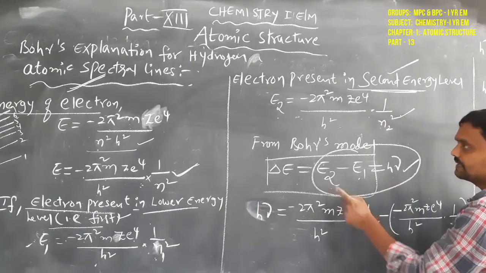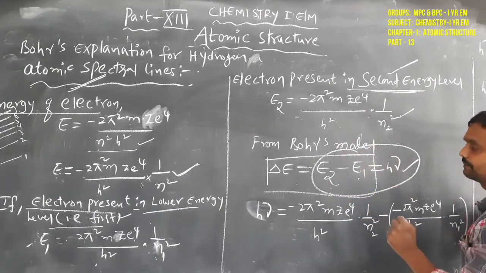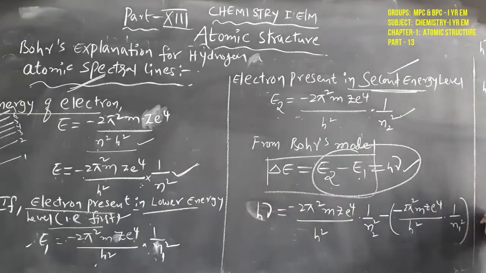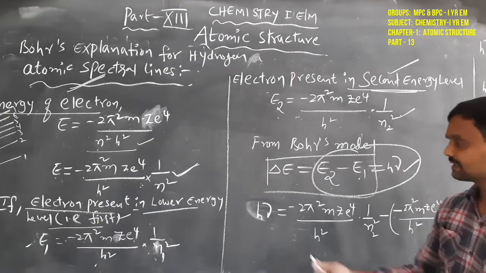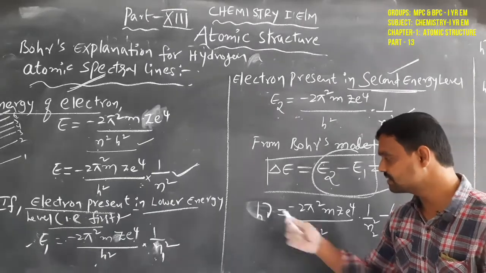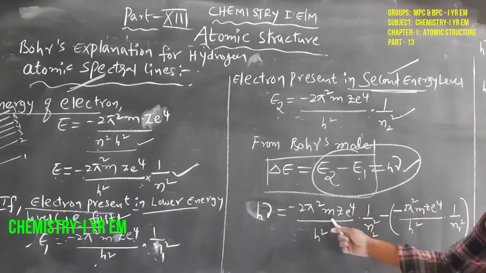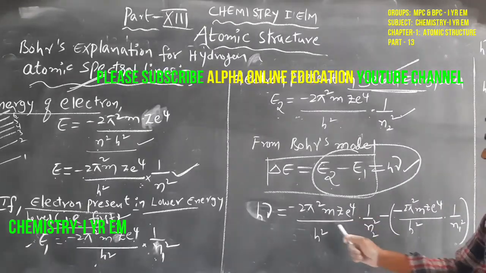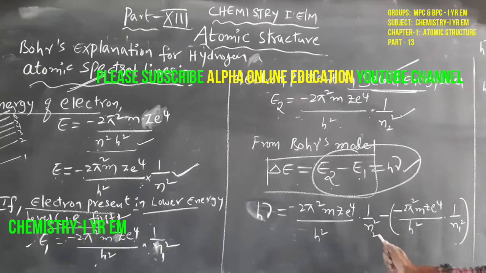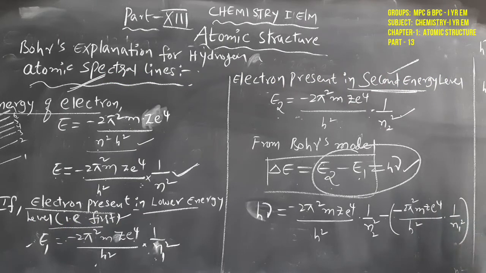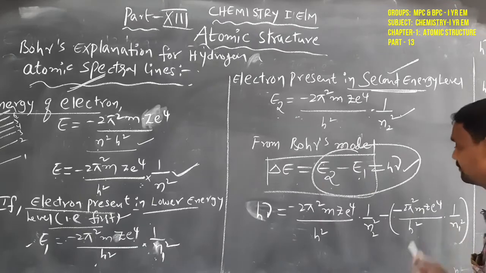We substitute the E2 value and the E1 value. Then the equation is h nu is equal to minus 2 pi square m Z e power 4 by h square into 1 by n2 square, minus minus 2 pi square m Z e power 4 by h square into 1 by n1 square.